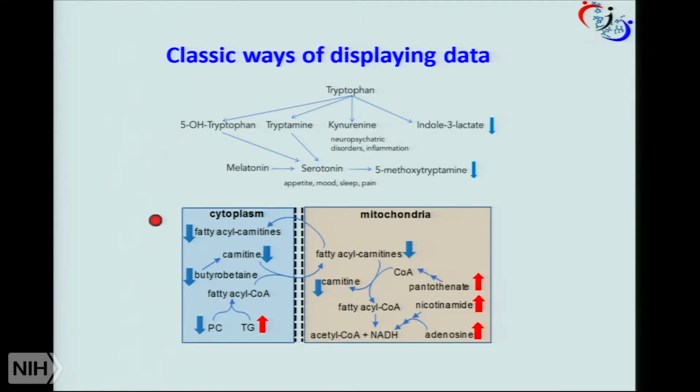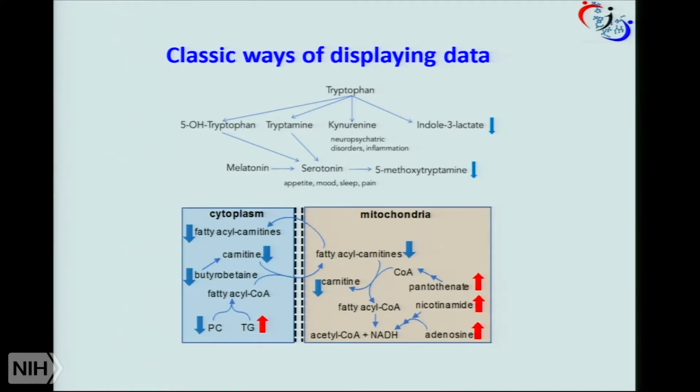We can also talk about cytoplasm versus mitochondria, where we see some vitamins were increased and TGs were increased versus PCs were decreased in ME/CFS. So we saw that, and we can talk about it, but then we sometimes have confounders. We found, for example, ME/CFS patients have higher intake of vitamins, and that would easily explain the increases in pantothenate and nicotinamide.